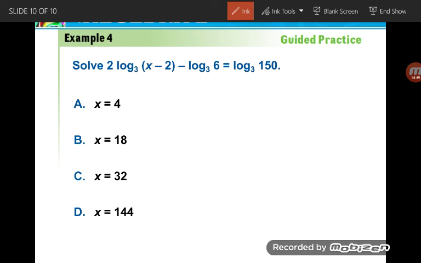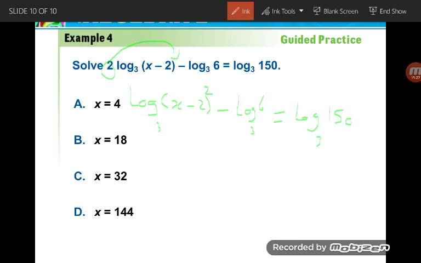Another question for solving a logarithmic equation. As we explained before, you have to bring 2 again to the exponent to its place. So it will be log x minus 2 all squared for base 3 minus log 6 base 3 is equal to log 150 base 3.